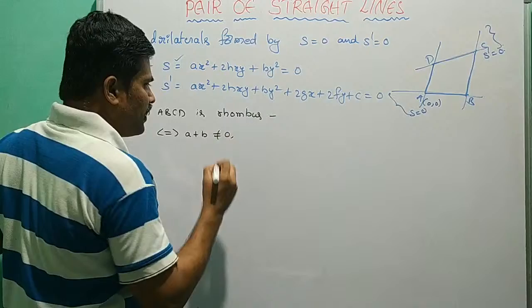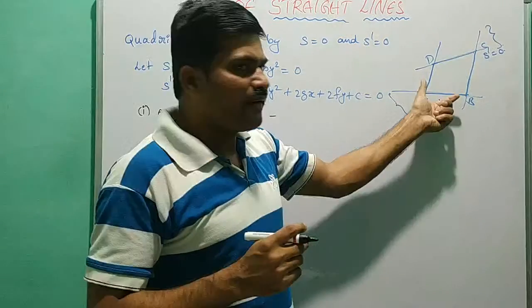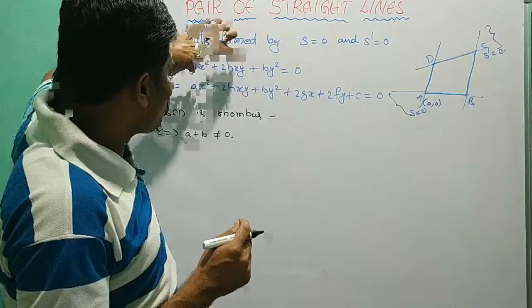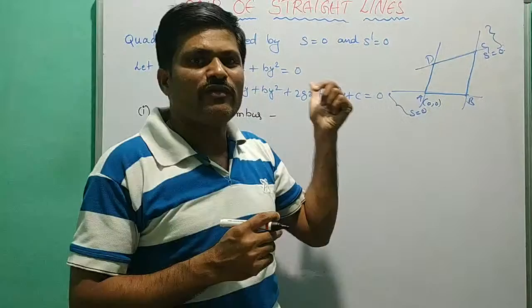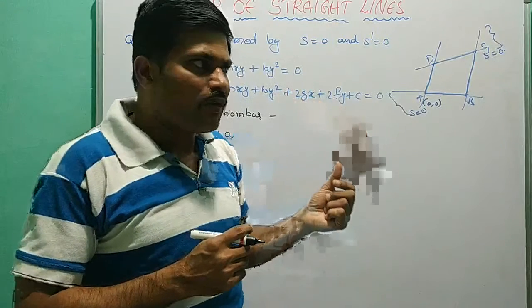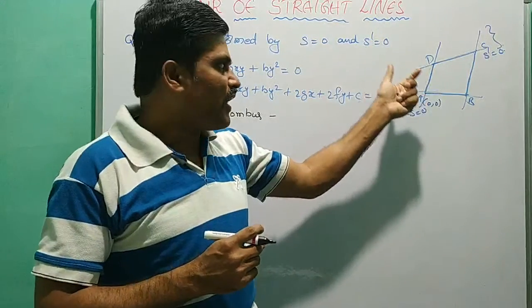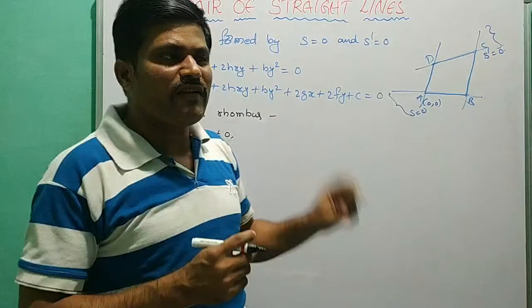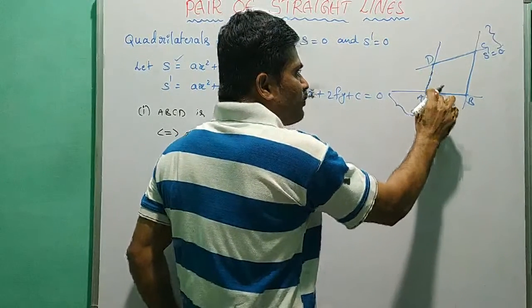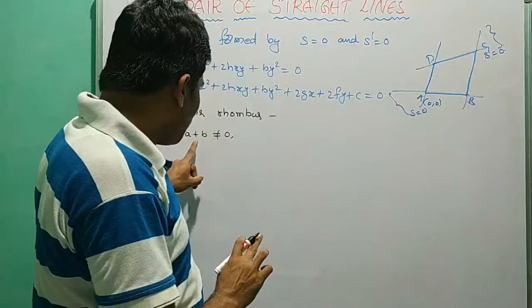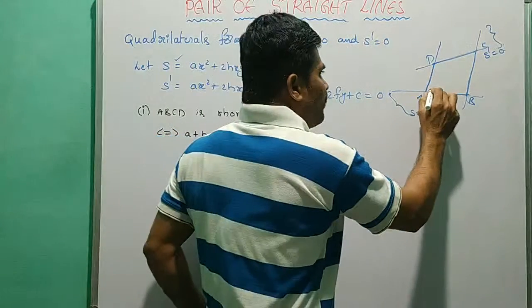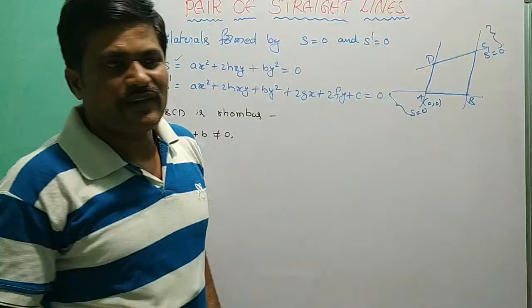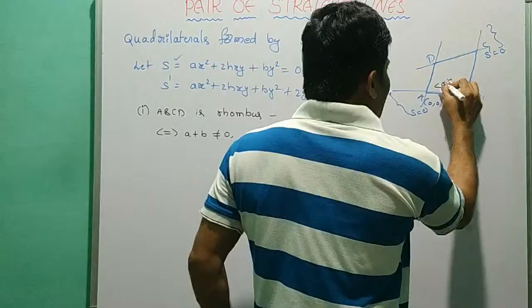If a plus b is 0, that means the sum of the coefficients of x square and y square equals 0, the pair of lines are perpendicular to each other. But in this condition, a plus b is not equal to 0. Therefore, these are not perpendicular to each other, so the angle is less than 90 degrees.